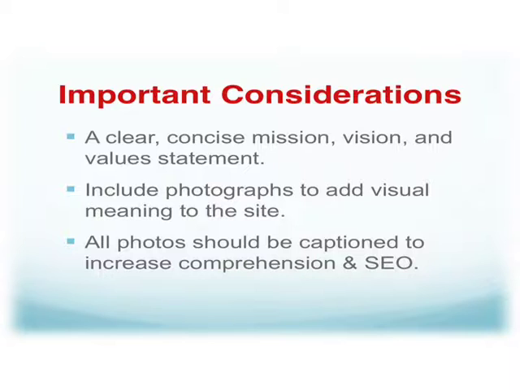All photos should be captioned to increase comprehension and SEO. When you have a photo, when you're a web designer, or even if you're building it yourself through one of these CMS websites like Joomla or DotNetNuke, you can add what's called an alt tag. An alt tag describes the image. Remember what I said, Google can't read an image, it can't read a photo.